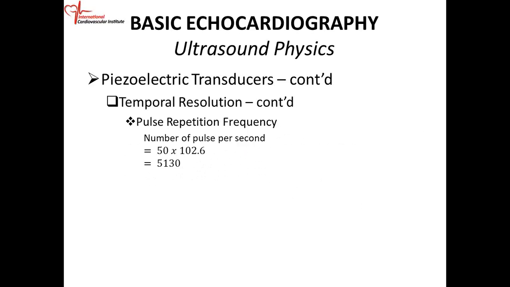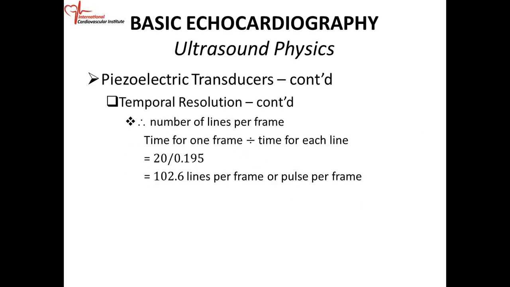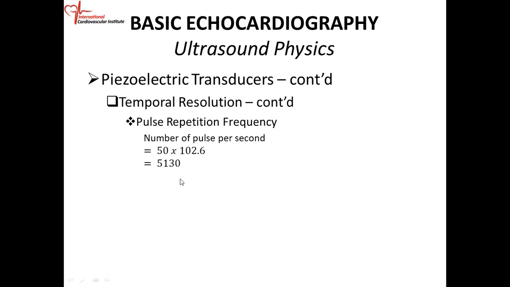Remember the definition for pulse repetition frequency. You always have to have these definitions clear. Pulse repetition frequency is the number of pulses per second. I just showed you that each frame has 102.6 scan lines, and each line is a pulse.